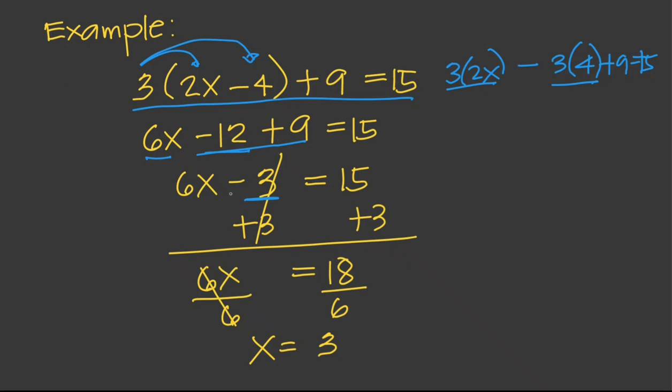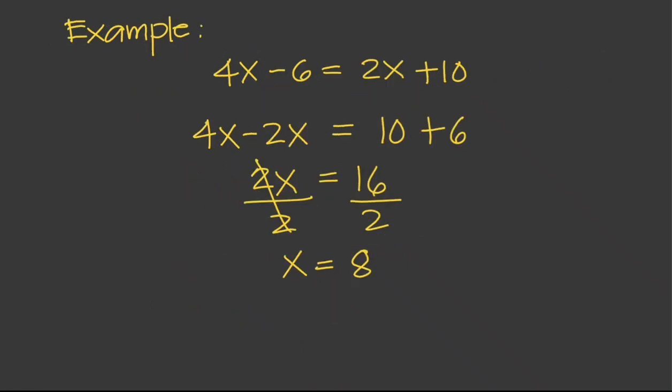We want to get rid of the negative 3 here, so we add 3 to both sides of the equation. So we are left with 6x equals 18, from 15 plus 3. Then to solve for x, we divide both sides by 6. Then we get x equals 3.